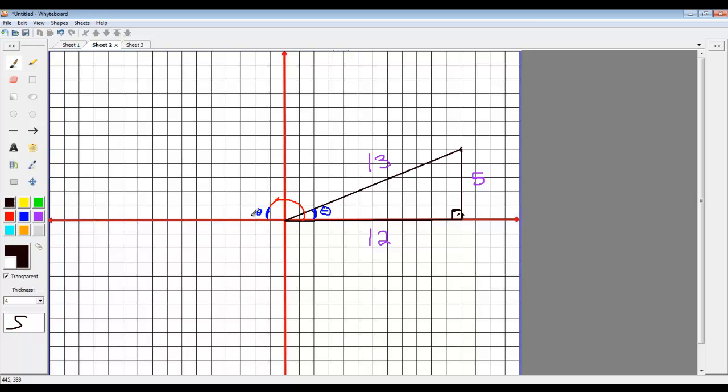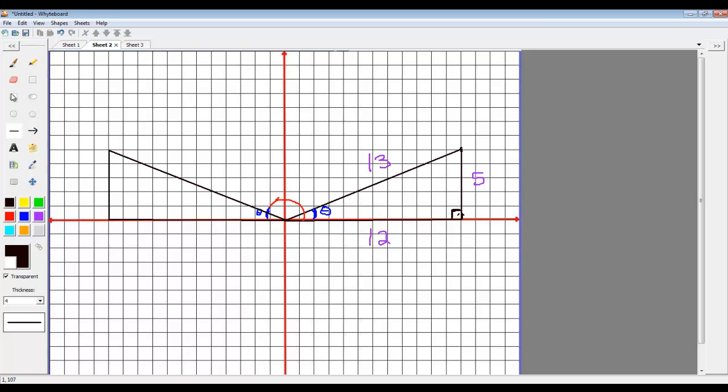Okay, so let's say we have a triangle on this side. We got 12, and then we've got 5, and then we've got the hypotenuse right here.